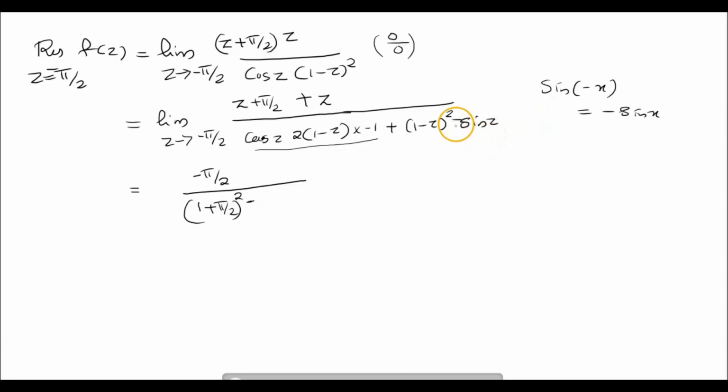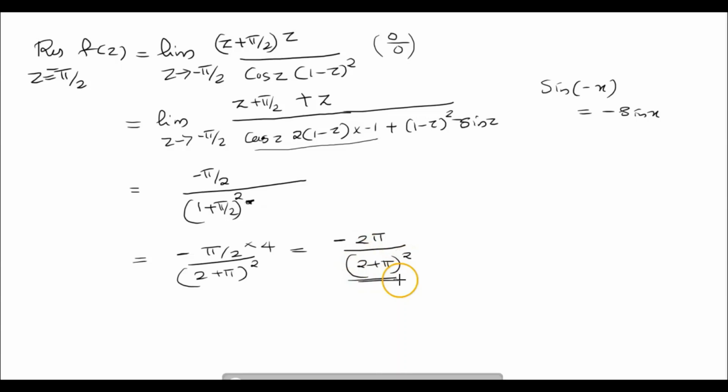Sin pi by 2 is 1, and minus of minus is plus. So we get minus pi by 2 divided by (2 plus pi) all square over 4, which goes to the numerator. This is minus 2 pi divided by (2 plus pi) all square. This is the residue at z equal to minus pi by 2.